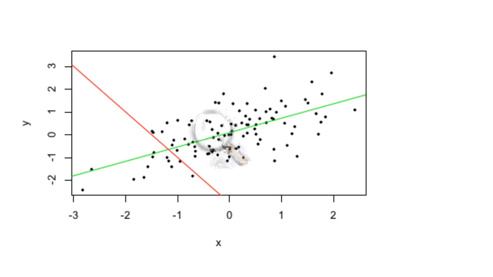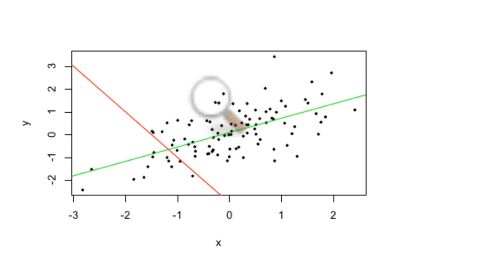To get from the point to a green line, you come down about this much. But to get from the point to the corresponding point on the red line, you have to go a long way down. It's right there. So these 2 points are much further from the red line than they are from the green.